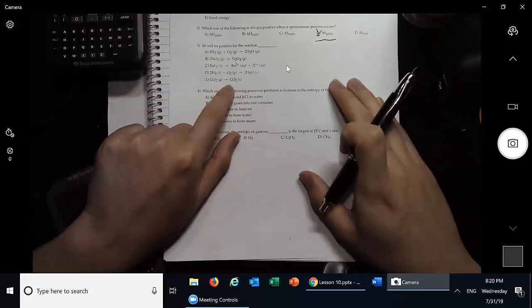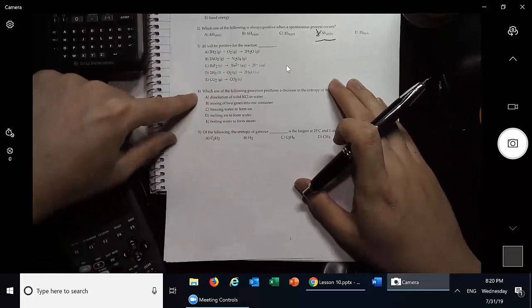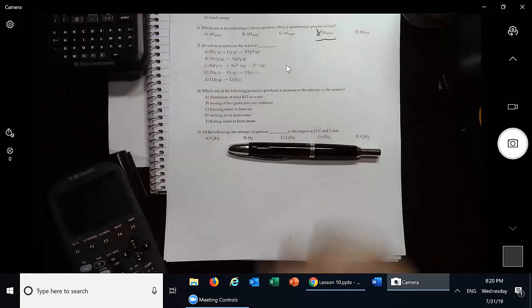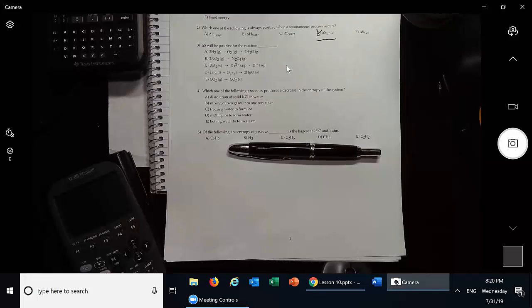Okay. Which of the following has a positive delta S? Which one of these reactions increases disorder?